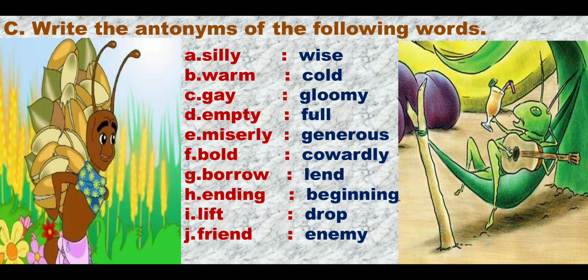D. Write the antonyms of the following words. So, dear children, an antonym is a word that means the opposite of another word, that you call opposite words simply. For instance, true, false, dark, light, love, hatred, etc. Here, silly, the antonym is wise.